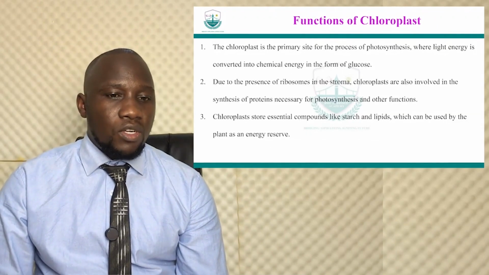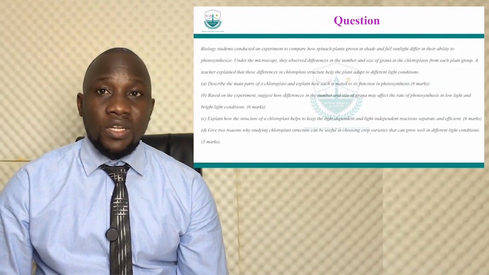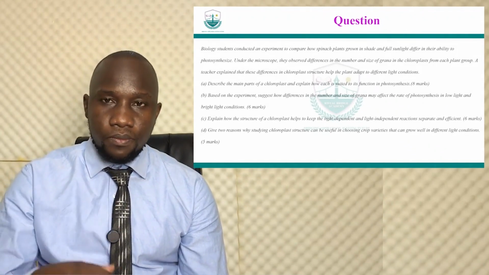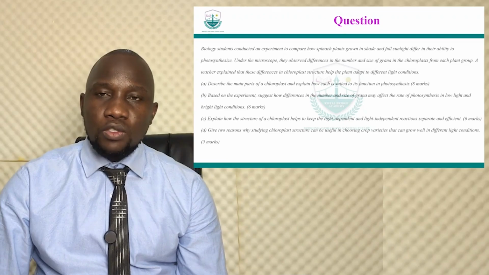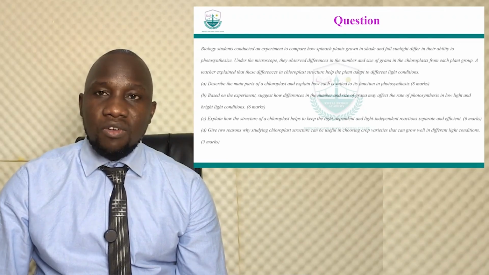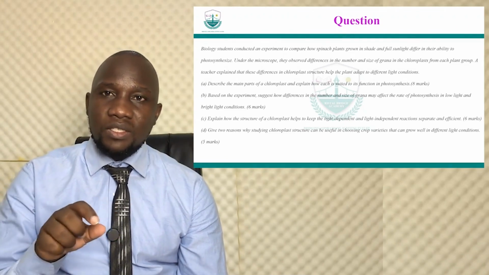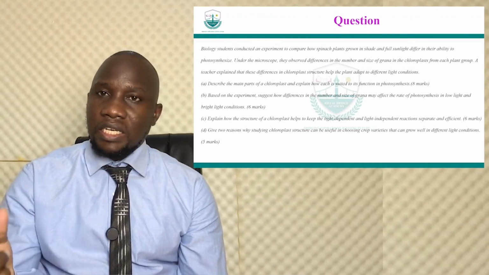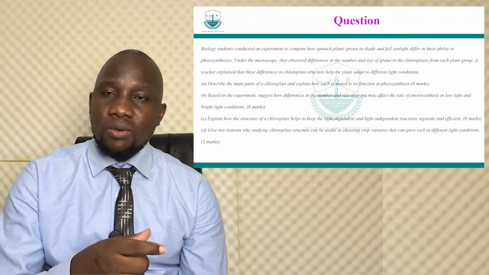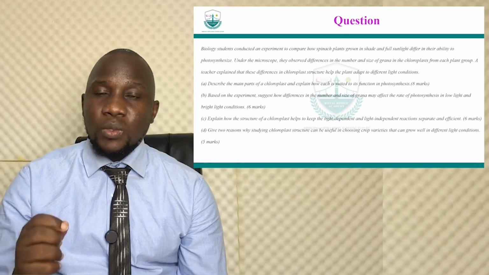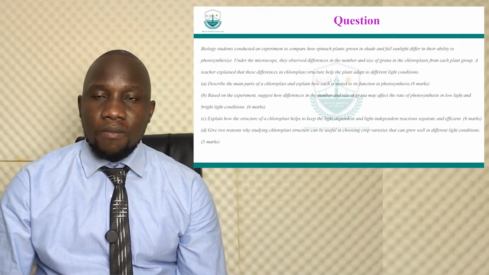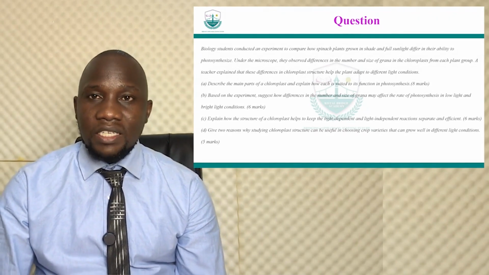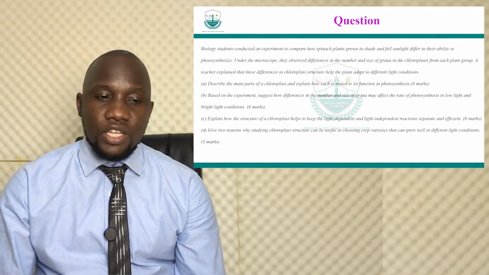So we go back to our question. So students are studying two spinach plants, and they want to see the nature of the chloroplasts in these spinach plants, one grown in the presence of adequate light, and the other one being grown in conditions where there isn't enough light, for example, in the shade.